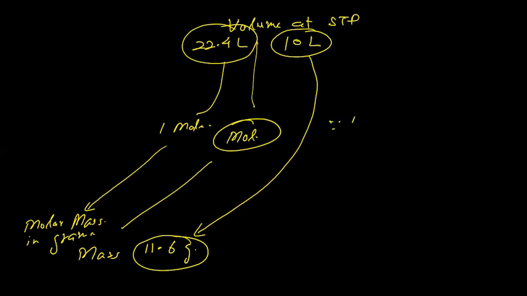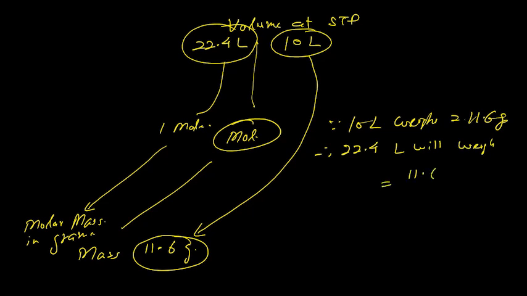So you will say as 10 liters weighs 11.6 grams, hence 22.4 liters will weigh 11.6 divided by 10 into 22.4. When you calculate, you will get approximately 26 grams. It will be 25.97 something, but you will consider it as 26.